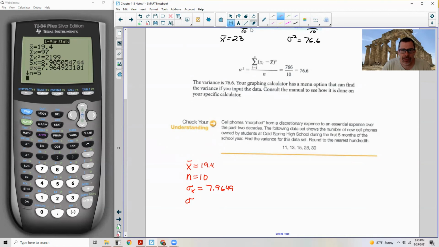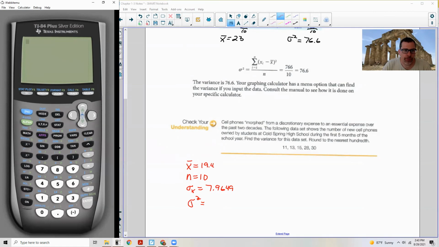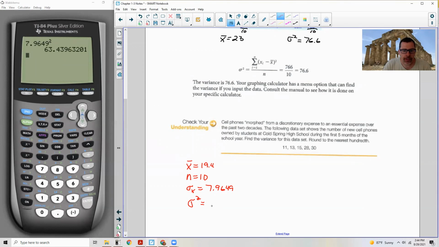Let's try that again. I want sigma squared. So then I'm going to go to my home screen and put 7.9649 squared, enter, and I get 63.44.